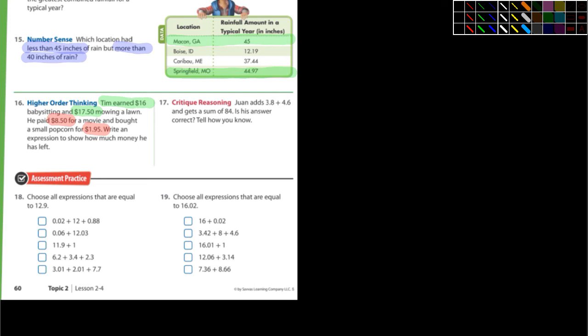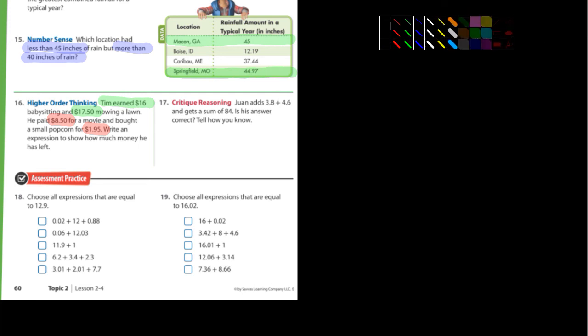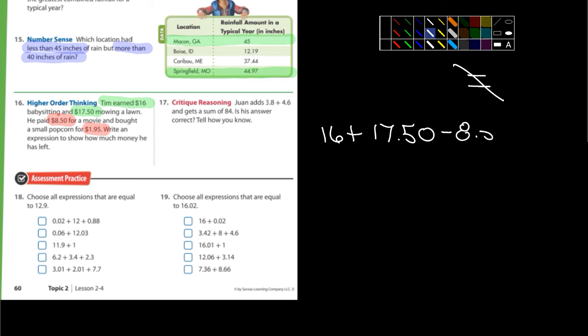So when they say expression, they're talking about something without an equal sign. So there's no equal sign. That's why I just draw a line through it to cancel that out. So an expression would be 16 plus 17.50 minus 8.50 minus 1.95.